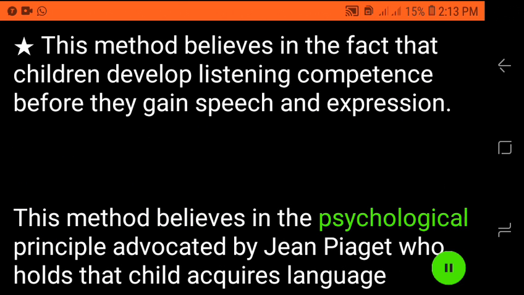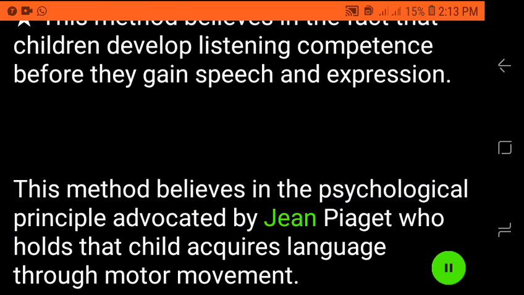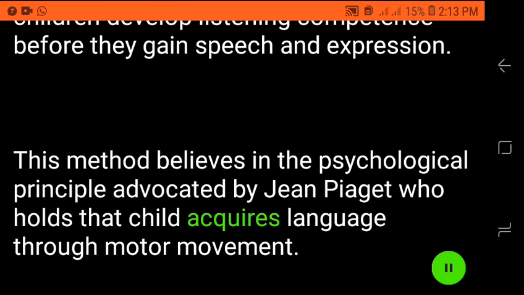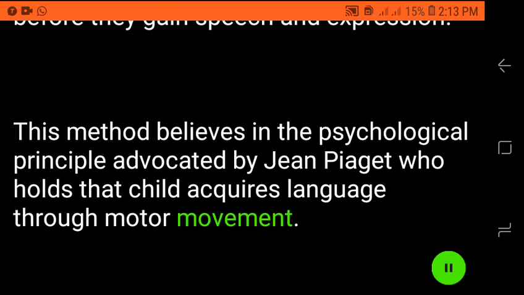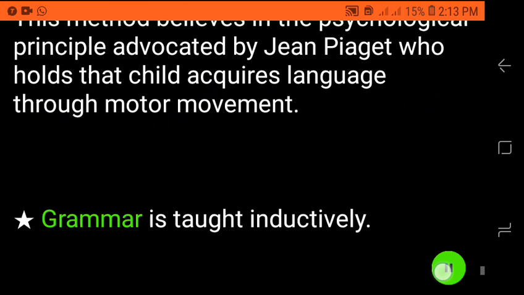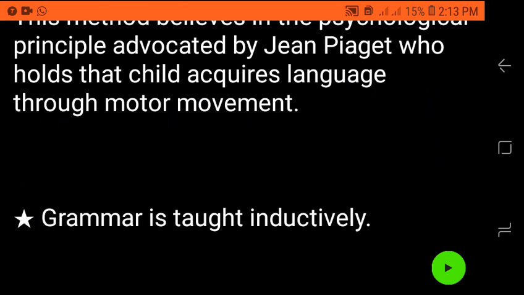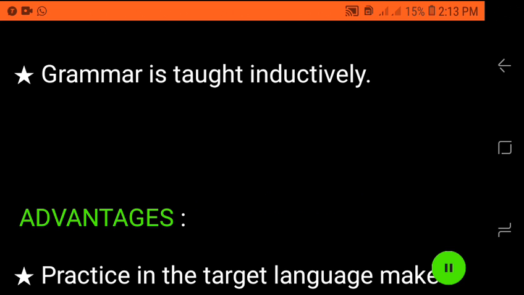This method believes in the psychological principle advocated by Jean Piaget, who holds that a child acquires language through motor movement. Grammar is taught inductively.